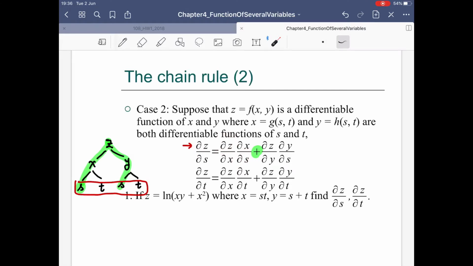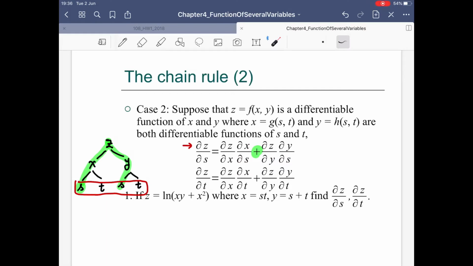Okay, and for the second contribution, you go through the y first, so you got dz by dy, and then your y goes through s, so you have dy by ds, and then again, as you pretend to do cancellation, you got dz by ds, which is the leftover that you need on your left hand side. Again, this addition, don't look at it as an addition, it is a combination between these two contributions.